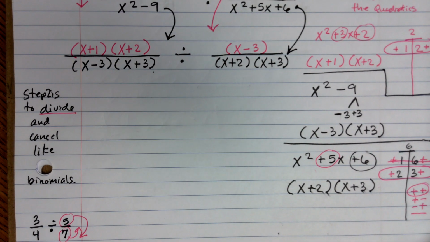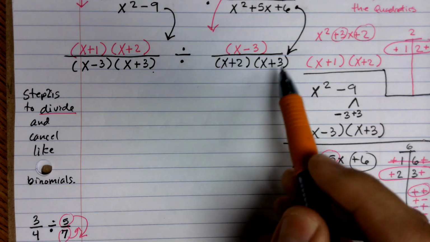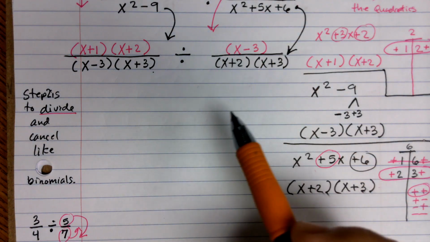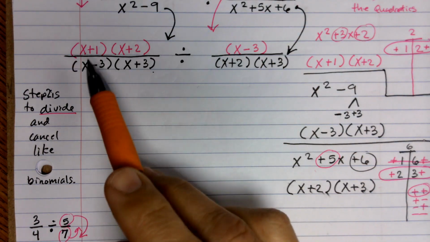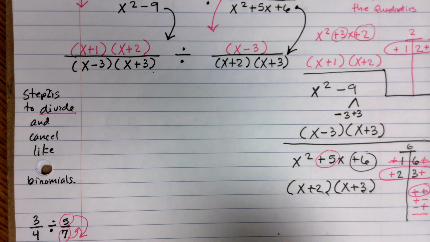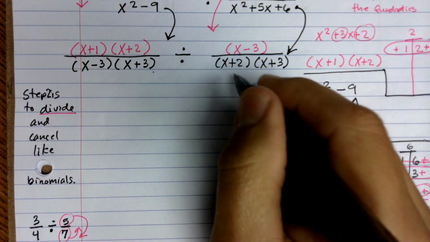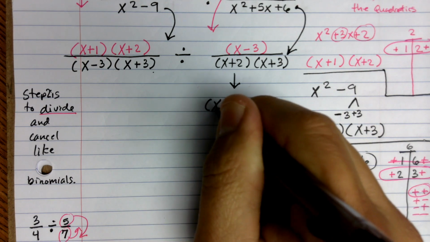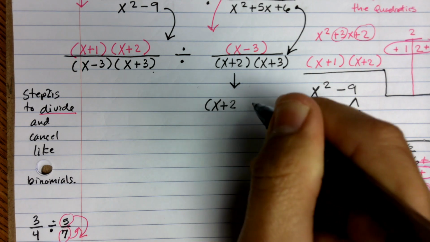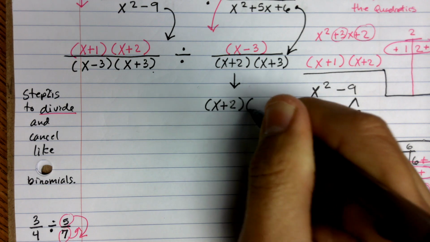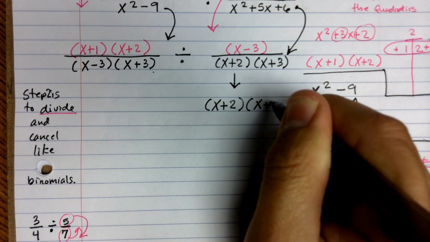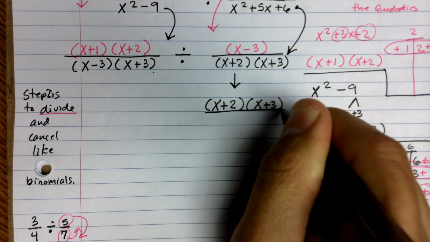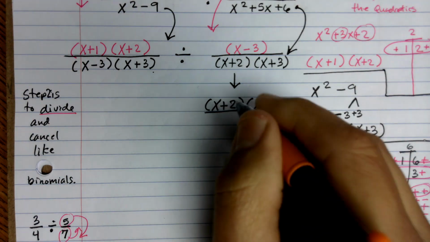So we're going to do the same thing here. We have to create the reciprocal of this particular expression that's being divided by this initial one. So I'm going to rewrite this, and you'll see what I mean about switching it. I'm going to rewrite this as x plus 2 times x plus 3 over x minus 3.